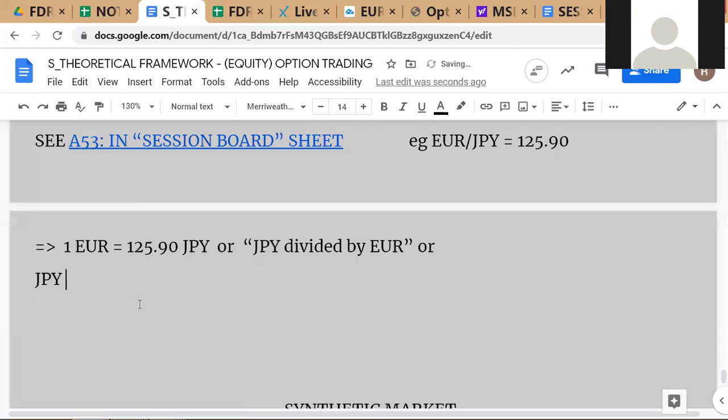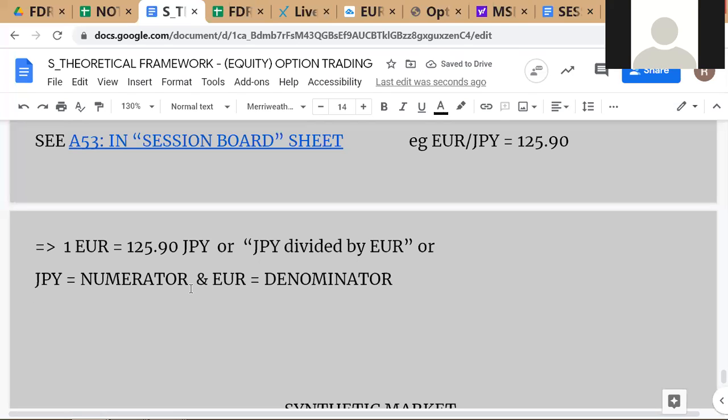Or what we say is that JPY here is the numerator and EUR is equal to, so again I'm doing it from a very basic approach, going from first principles, so I'm making sure that nobody has any confusion. Okay, euro is the denominator. Yeah.